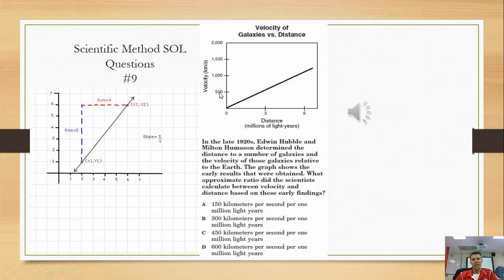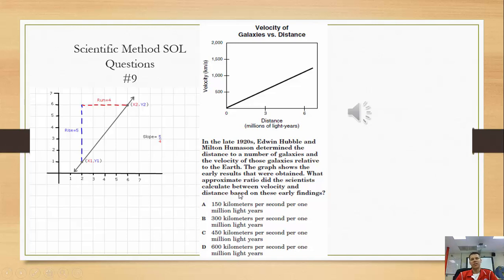Alright, so if we do 500 divided by 3, or if we did like 1,000 divided by 6, either way, we would find the closest answer we would find would be A, 150 kilometers per second per 1 million light years. So this is just a math question if you can read the chart and find a ratio.